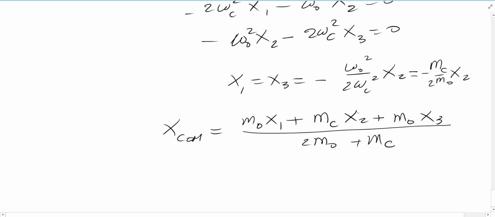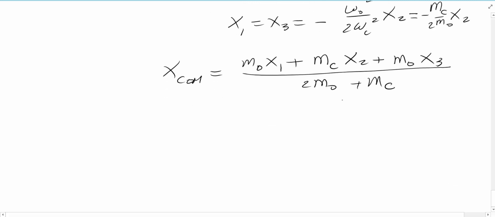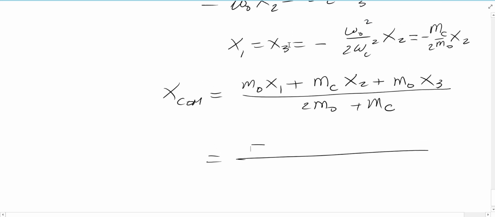Now this equation tells me that x1 is equal to minus this number divided by 2. So when I multiply it by MO, the MO cancel, and it will be left in this numerator minus MO times this number, because x1 is equal to x3 when you solve these equations. So it's going to be MC divided by 2.